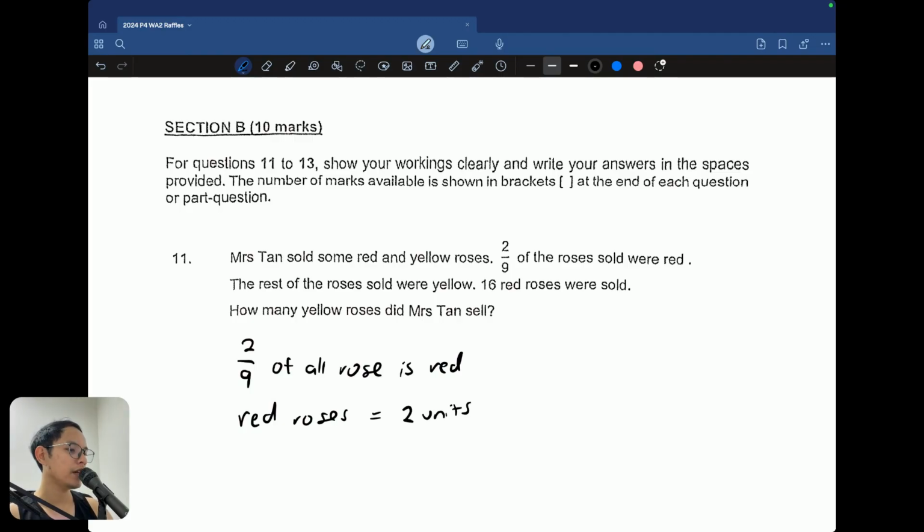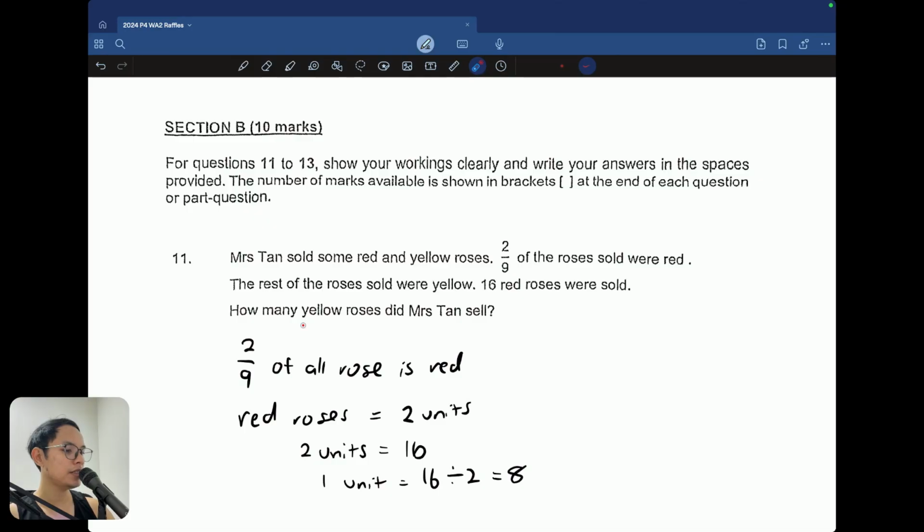And then if you read more, 16 red roses were sold. So these 2 units is equal to 16 roses. So 2 units is equal to 16. So what is 1 unit? It's equal to 16 divided by 2, which is 8.